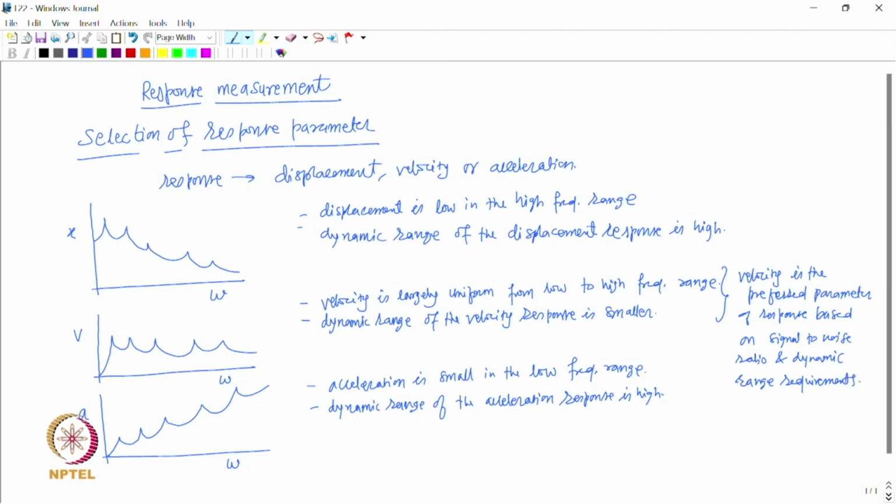So, based on these considerations the velocity appears to be a preferred parameter, in fact is the preferred parameter of response measurement.